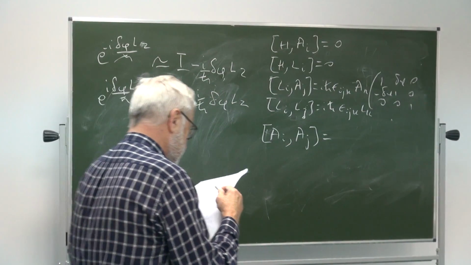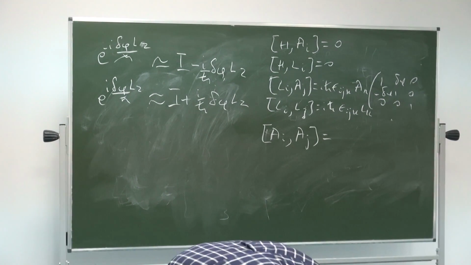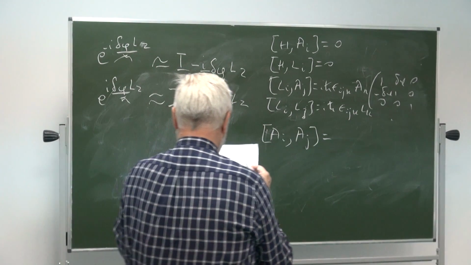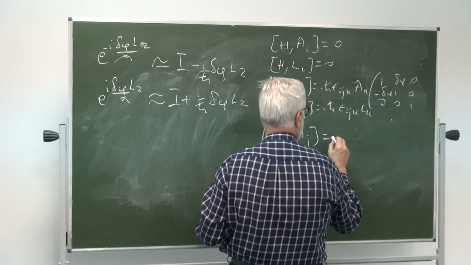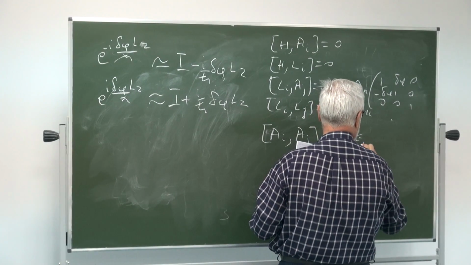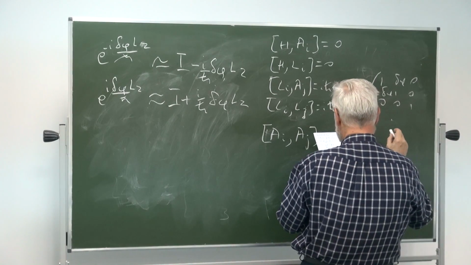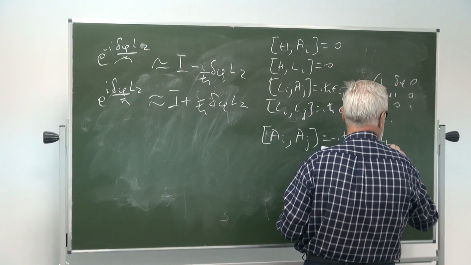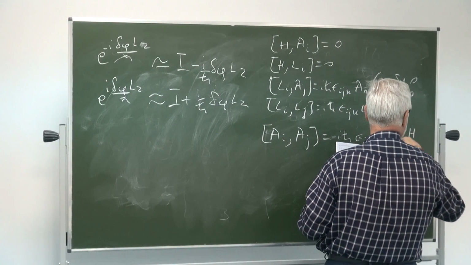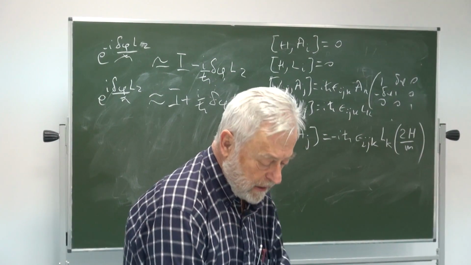And the result, you have to believe me, because I believe some textbook, is equal to minus i h bar epsilon_ijk times L_k, and unfortunately, twice Hamiltonian divided by m. Why unfortunately?